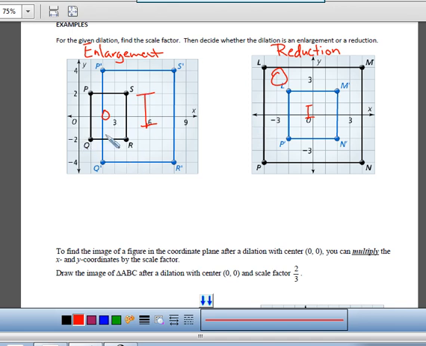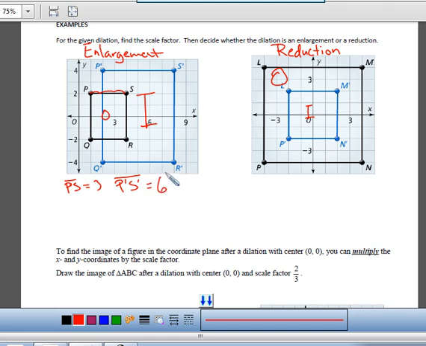Okay, now let's talk about finding the scale factor. So this line, PS, if you count the spaces, it's 1, 2, 3. And the line P prime S prime, the corresponding segment, I should say, is 6.